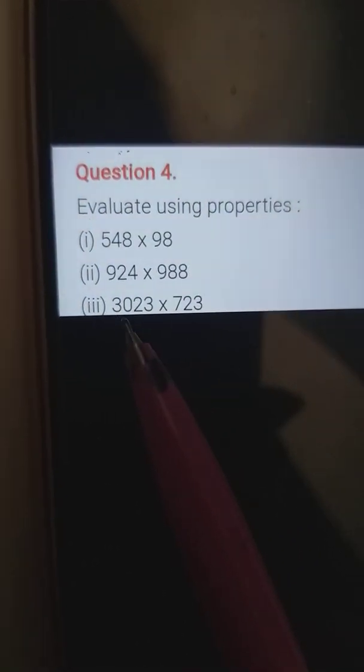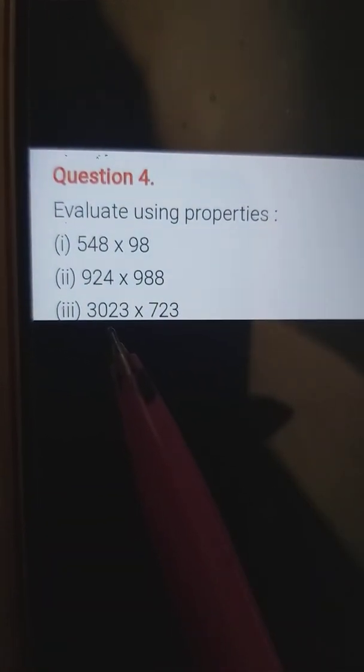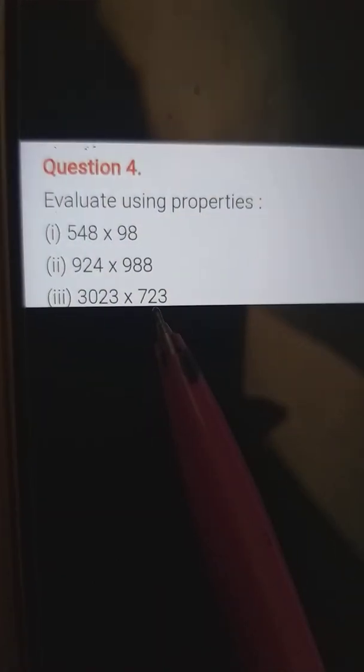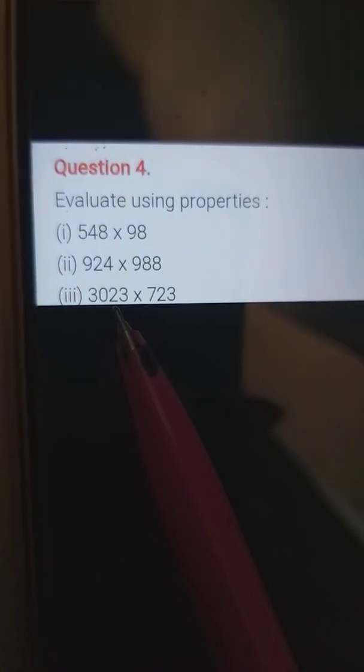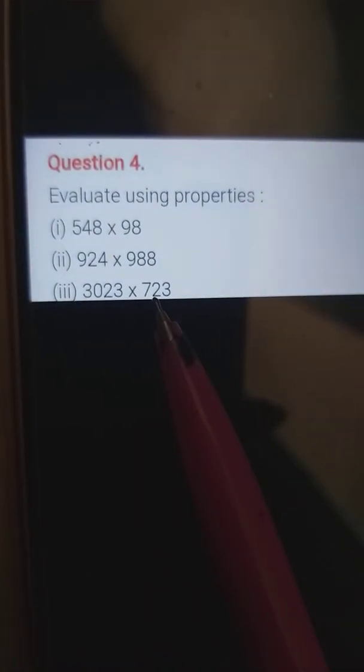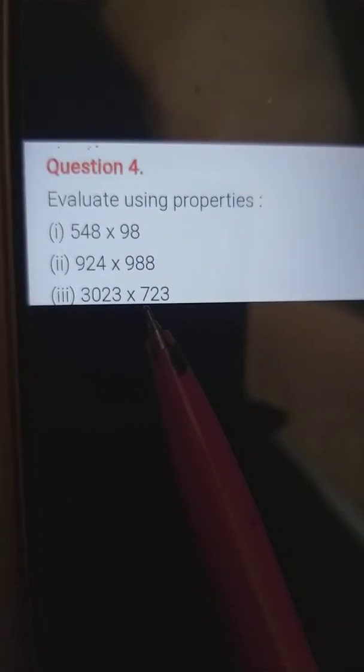The next is 3023 multiplied by 723, so 3000 plus 20 plus 3, each multiplied by 723. So question number 2 and question number 3 you have to practice by yourself.